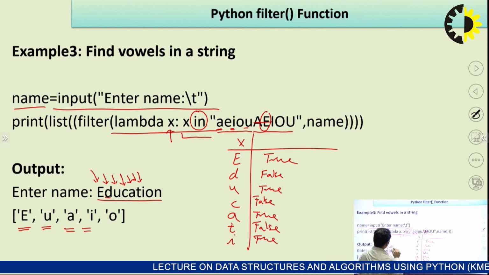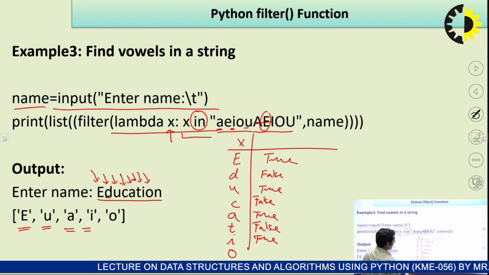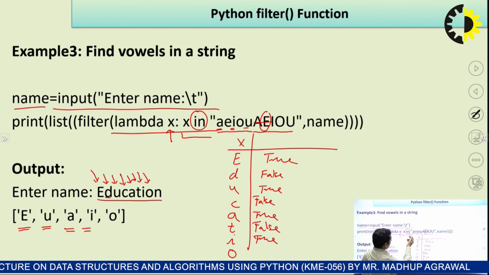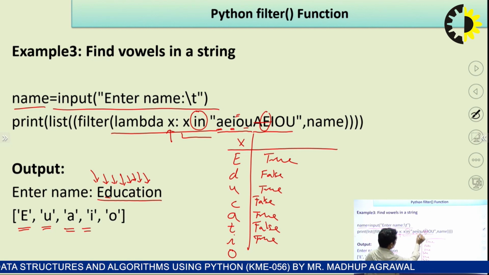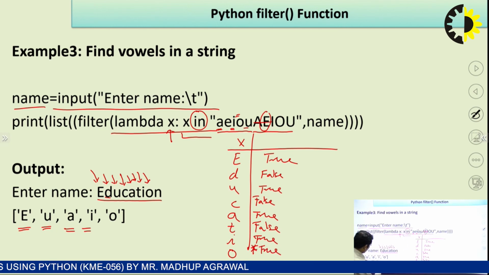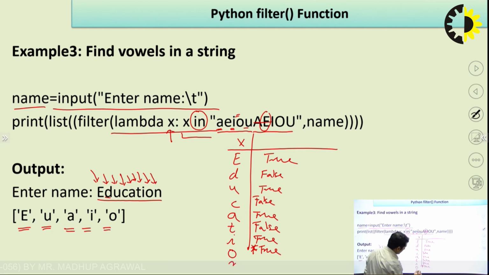Now, next is O. Now x as a parameter, O is passed into this particular function, O is here. So this will return true. So O is added here. Now, next is N. x becomes N as a parameter. N in this particular list, no. So this will return false.